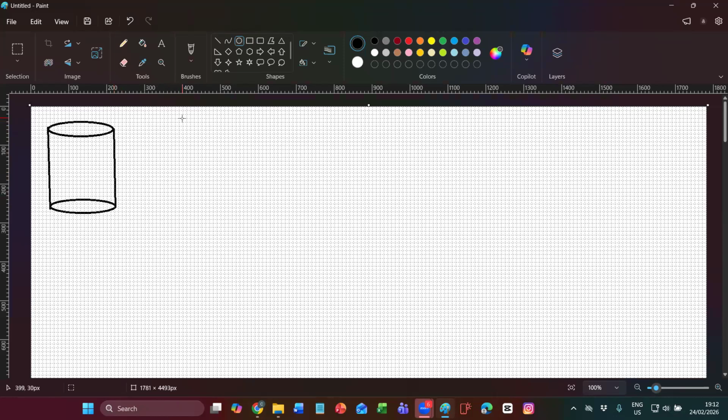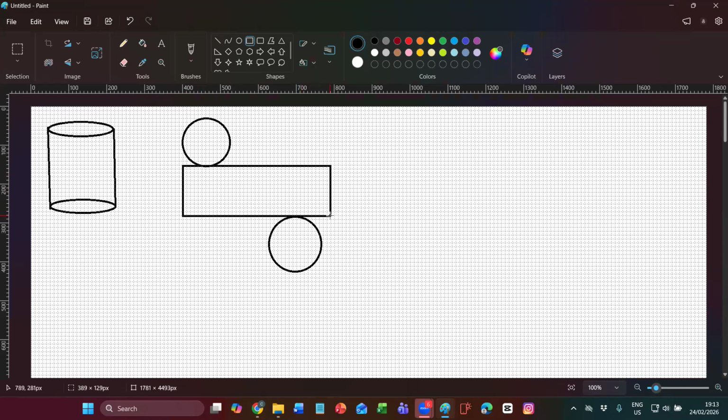If you do that, this is what you have. You have a circle on top, you have a circle underneath, and you will have a rectangle. All this is as a result of stretching the shape.